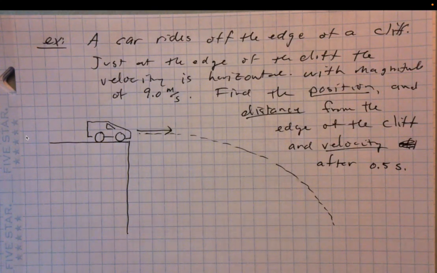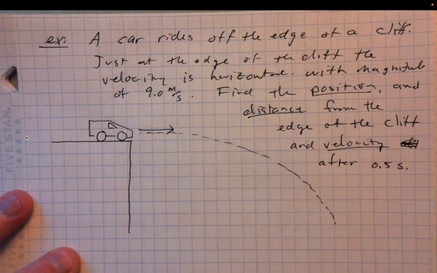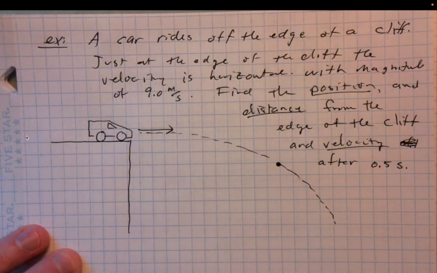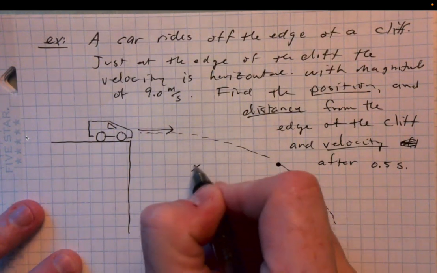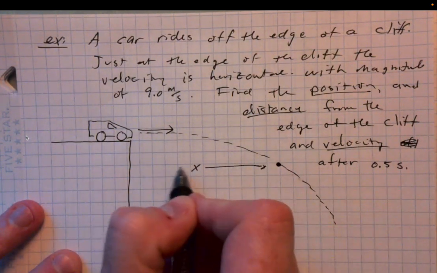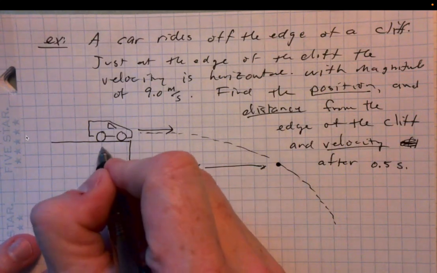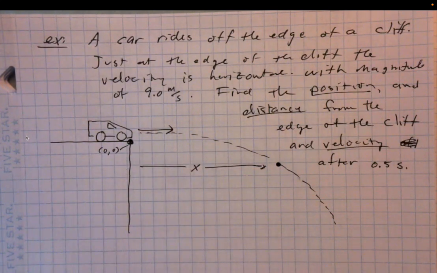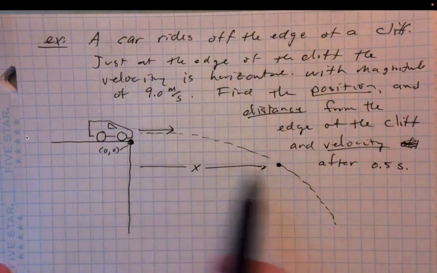All right. Well, let's consider the x and y coordinates. Let's think about what we mean by x and y distance. So there's x, and we'll take this to be 0, 0 when the car leaves the edge of the cliff. And so x is going to be in the positive direction.